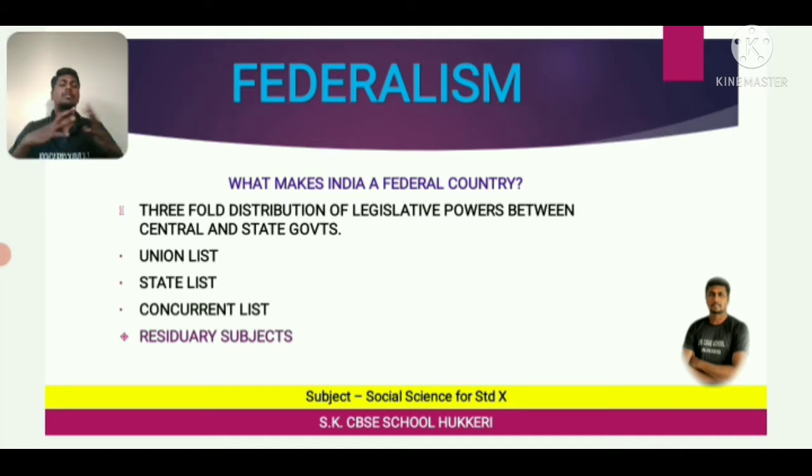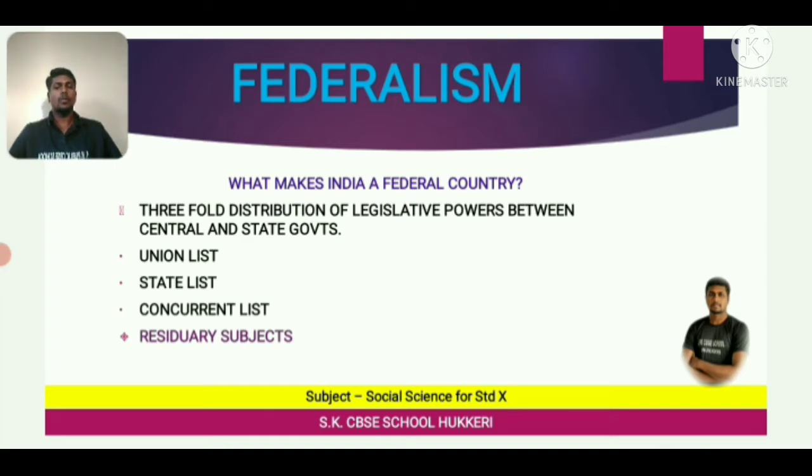I mean, to the laws of the Indian Constitution we can apply the key features of federalism. Then we can understand whether the Indian government, the Indian administrative system, has federal key features and principles or not. We can come to know about that if we apply those 7 key features to the Indian administration, or to the provisions or laws of the Indian Constitution.